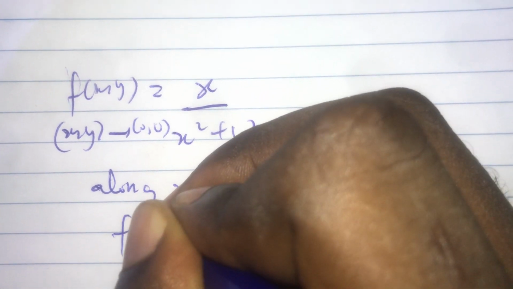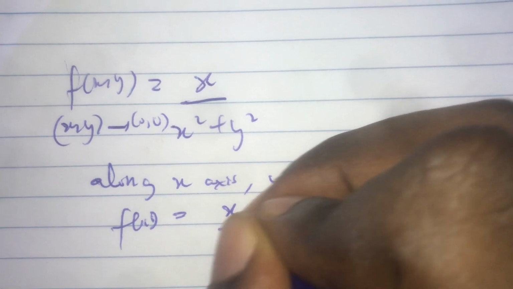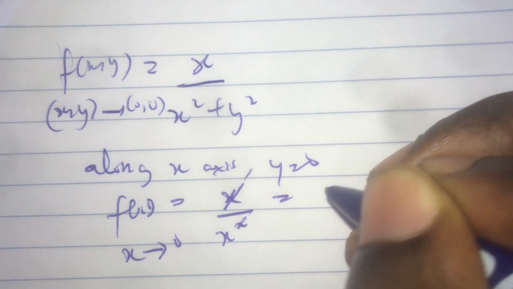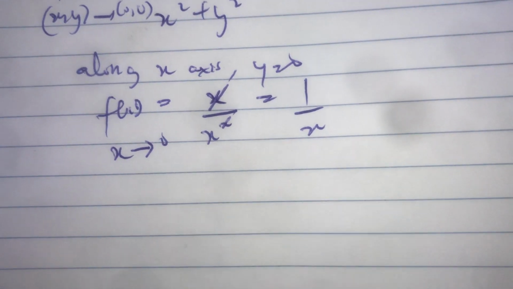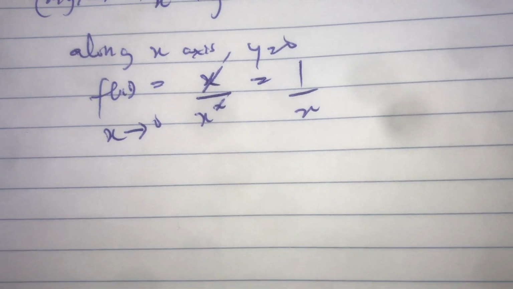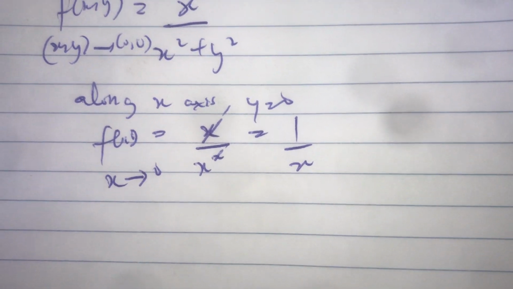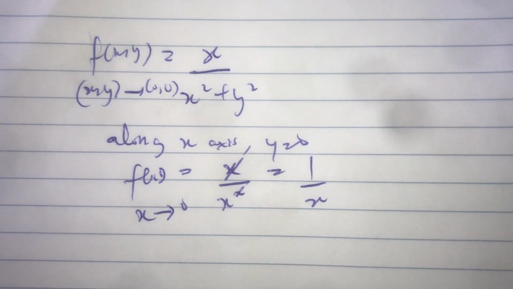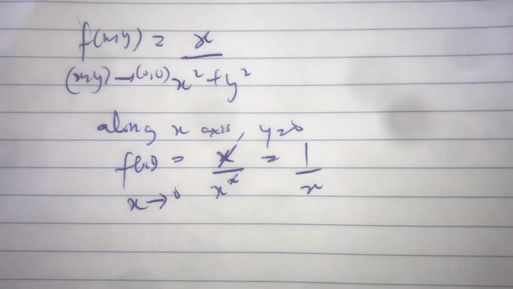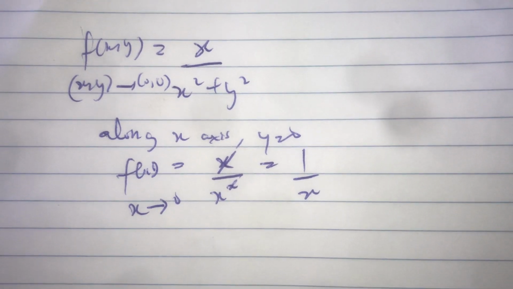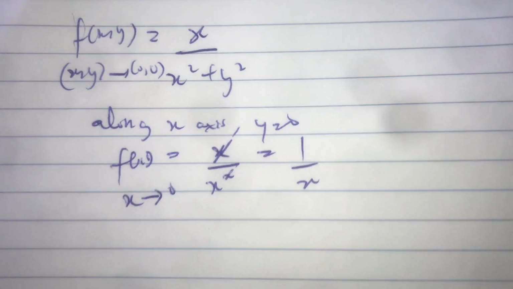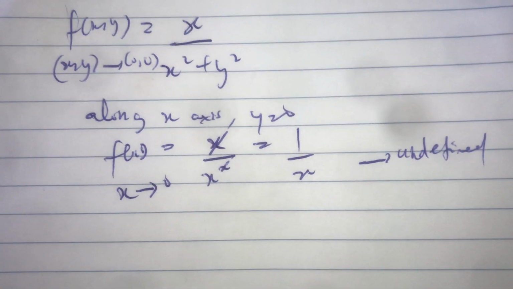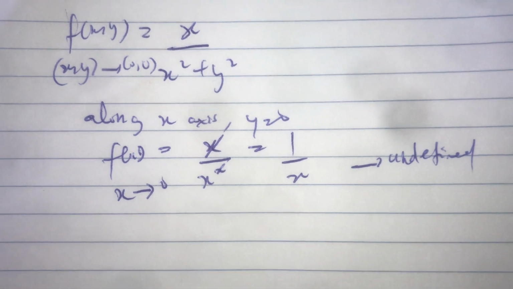So we'll be left with x over x squared, where x is approaching 0. So we have 1 over x. With y equal to 0, we have 1 over x, where x is approaching 0. So when you put 0 into the function, you will get 1 over 0, which is undefined. So clearly this tells you that the limit does not exist.